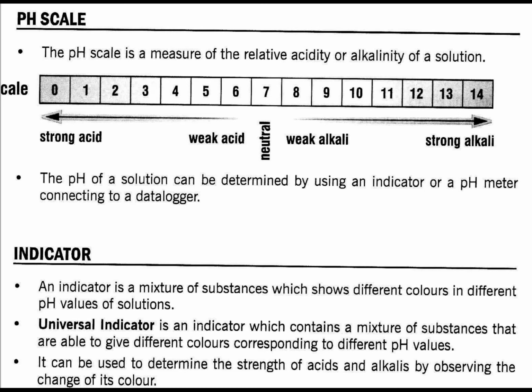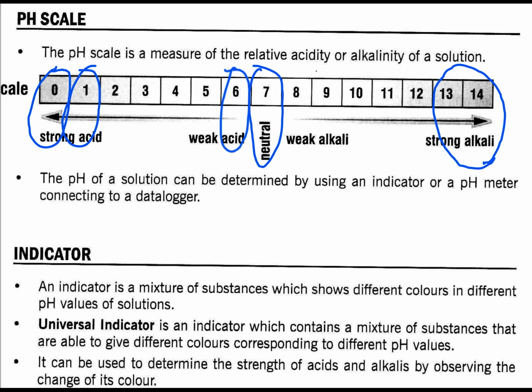The pH scale. The pH scale is a scale that shows how acidic, how alkaline, or how neutral a solution is. pH 0 is considered very acidic. pH 1 is also very acidic. pH 14 on the other end and pH 13 are highly alkaline. pH 7 is exactly neutral. pH 6 is slightly acidic. pH 8 is slightly alkaline.